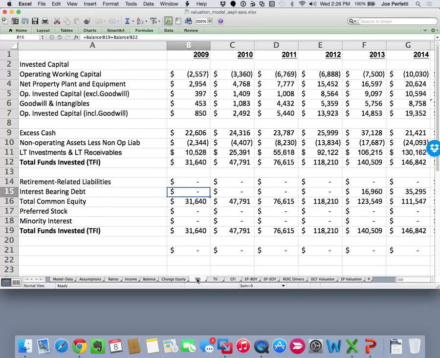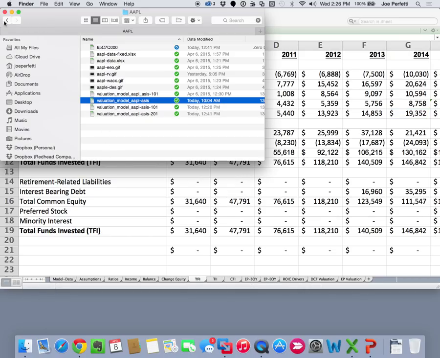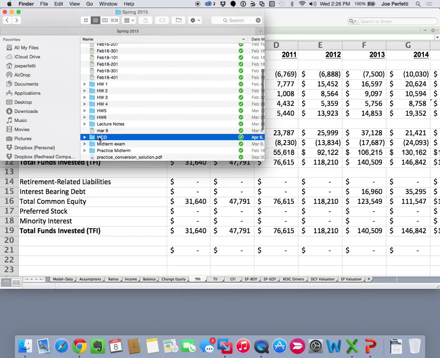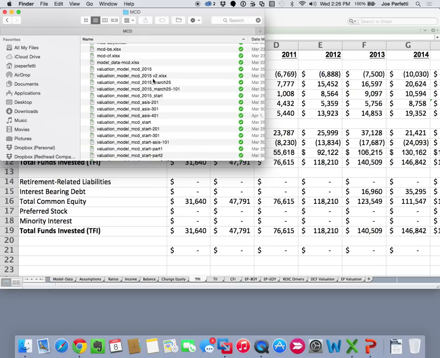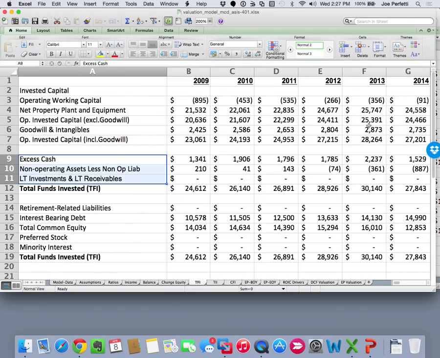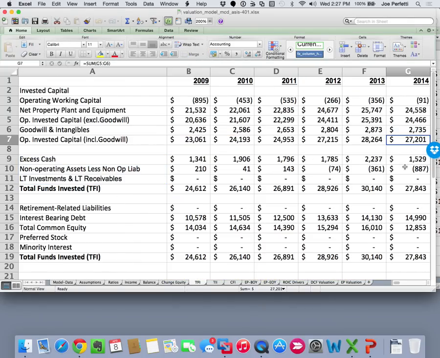Total funds invested, operating invested capital for Apple in 2014 was $19 billion. That's their invested capital. Just to put that into perspective, when we did McDonald's, their invested capital in 2014 was $27 billion.